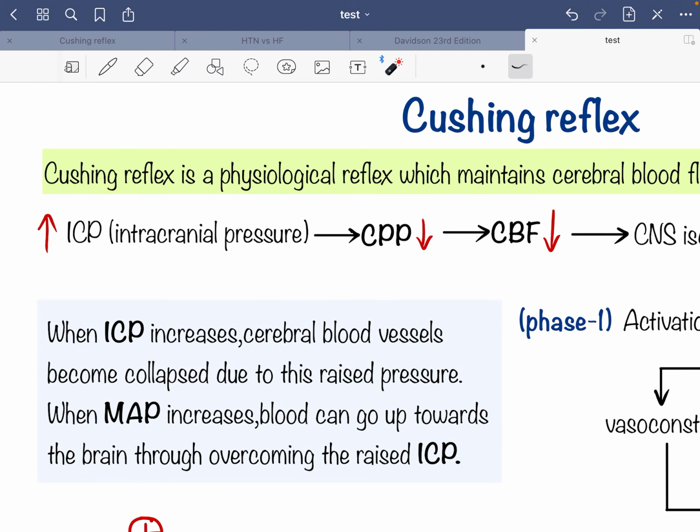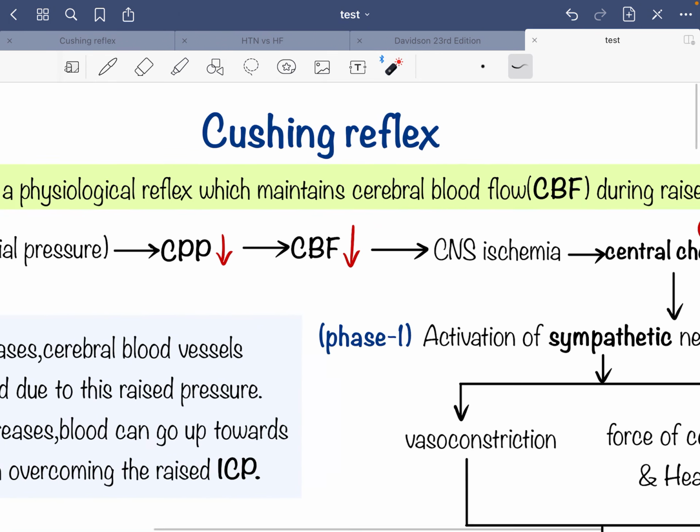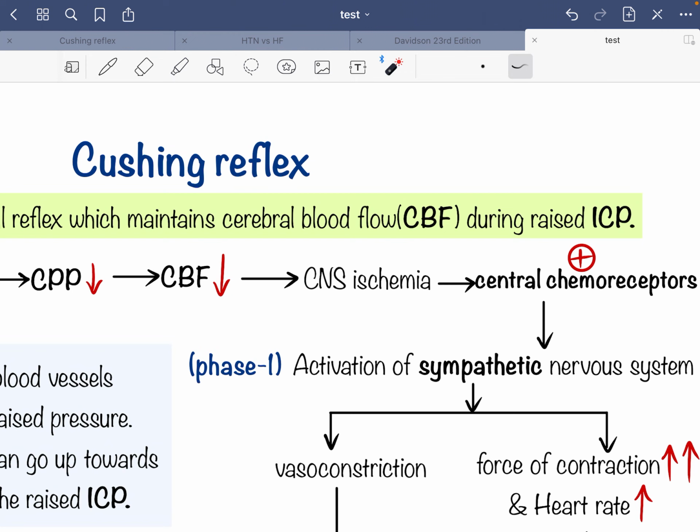So again, intracranial pressure is increased, so cerebral perfusion pressure is decreased, and as the cerebral perfusion pressure is decreased, cerebral blood flow will be decreased. That means our brain is getting a little amount of blood. So whenever the brain gets a little amount of blood, what will happen?